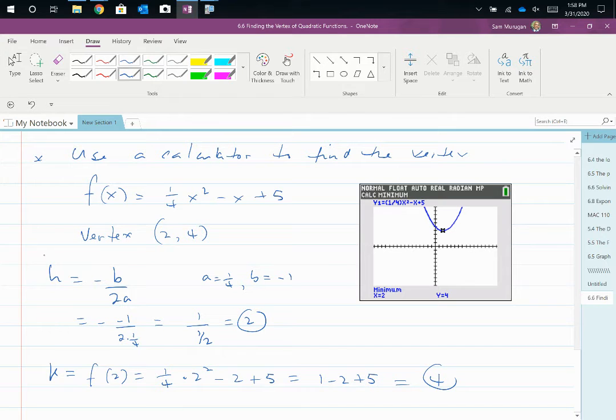So this is by calculation, without a calculator.